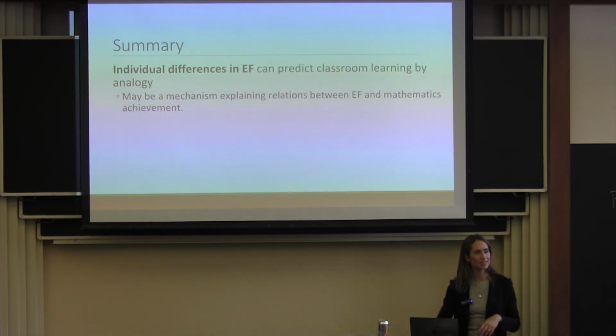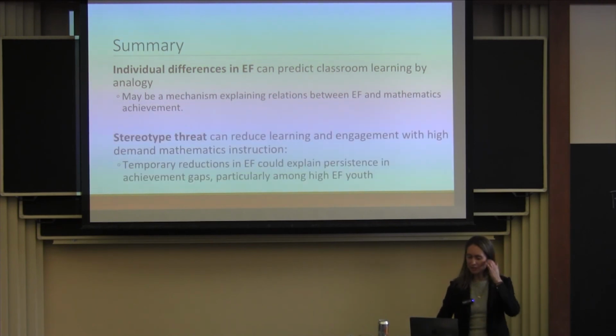I'll just summarize and then we can talk. Stereotype threat here seems to reduce learning and engagement with high-demand mathematics instruction, and these temporary reductions in executive function could explain it. We're seeing it on a very small scale, but if you extrapolate, it could potentially explain persistence in achievement gaps, particularly among high EF youth who have the potential to be the highest achieving in these classroom contexts.